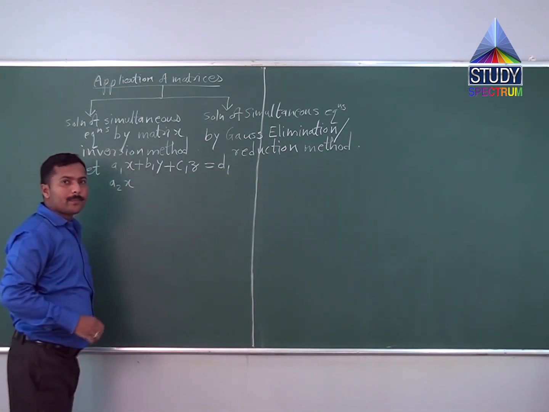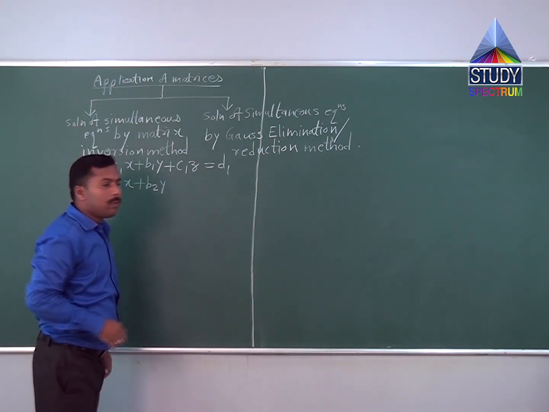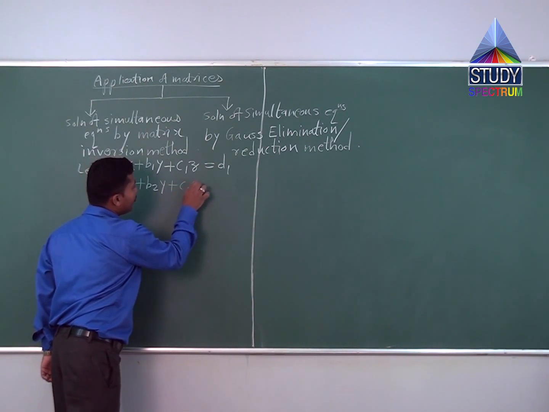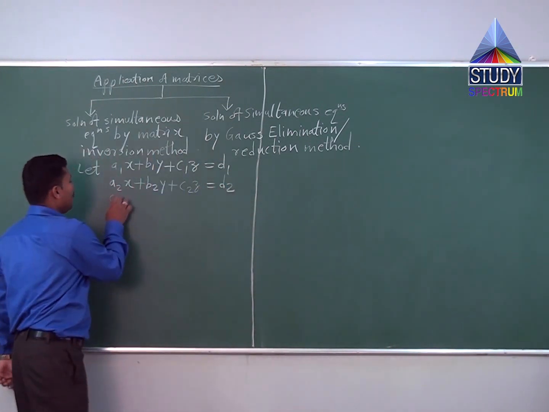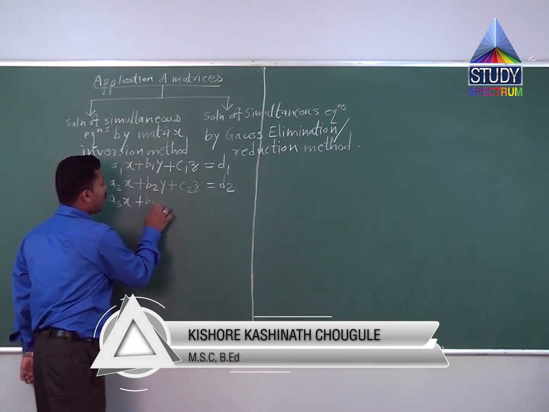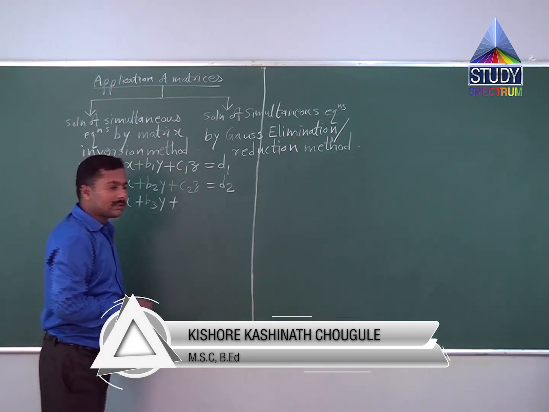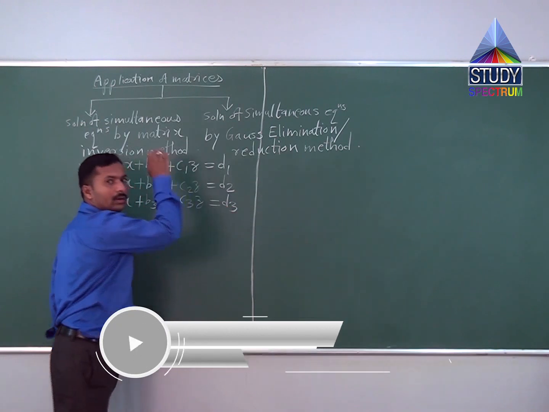a2x plus b2y plus c2z equal to d2, a3x plus b3y plus c3z equal to d3.